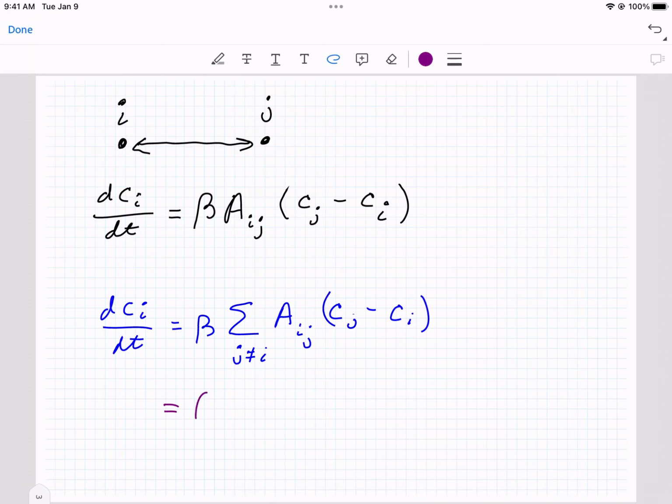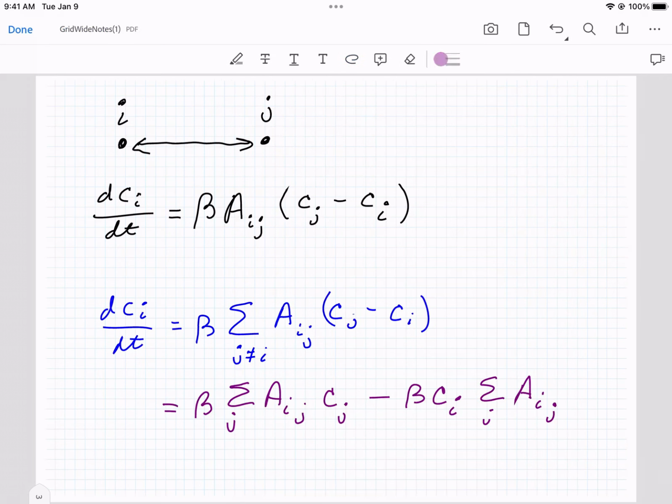So this becomes beta times the sum over j, not equal to i, of Aij Cj, that's just the first term. For the second term, I can pull out the Ci, so it becomes beta Ci times the sum over j of Aij.